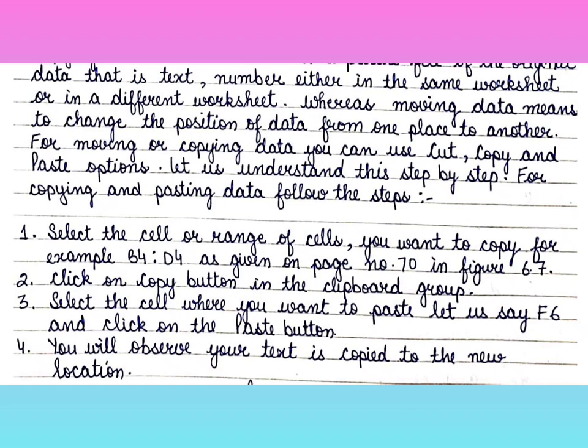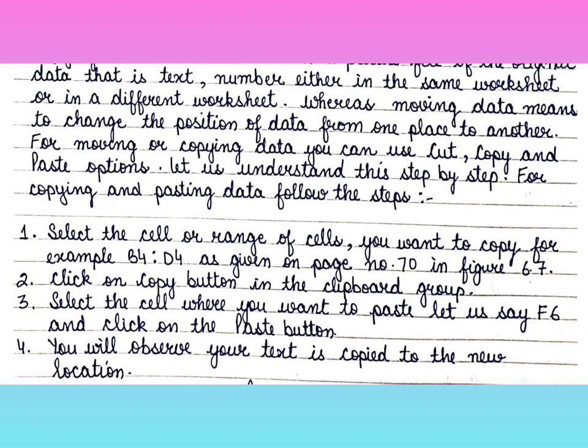For copying and pasting data, follow the steps. Number 1. Select the cell or range of cells you want to copy, for example, B4 to D4 as given on page number 70 in figure 67. Number 2.